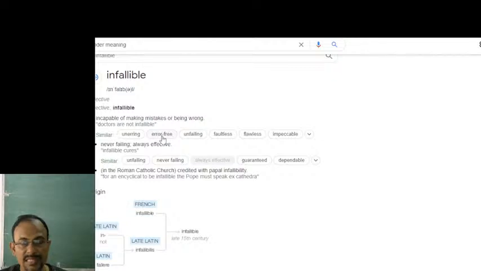Unerring, error free, unfailing, faultless, flawless. Flawless means there is no flaw, no mistake. So infallible means when there is no mistake. Doctors are not infallible, means doctors can make mistakes. Infallible means not prone to making mistakes. Error free is called infallible.